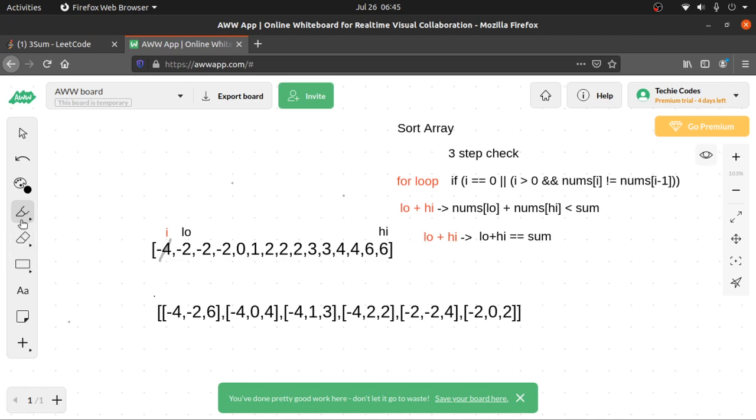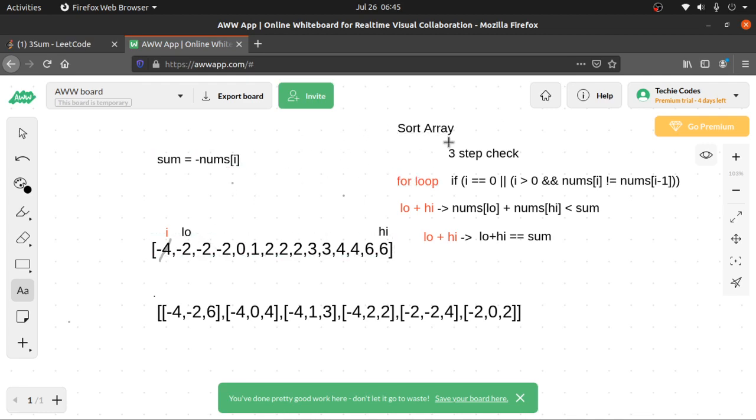Our sum is minus nums of i, because sum should be minus nums of i. Nums of i plus the sum of low and high should give me 0.